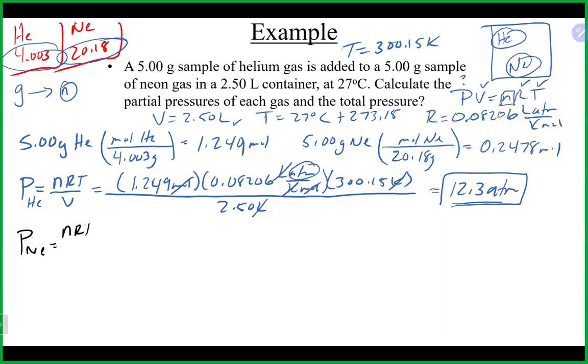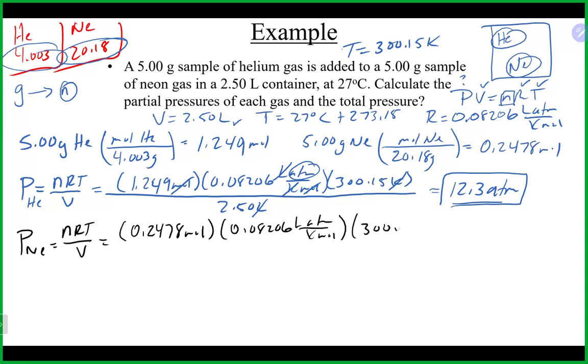Putting it into our equation, we'll use 0.2478 moles, our gas constant, the same temperature because they're in the same container, and the same volume for the same reason.